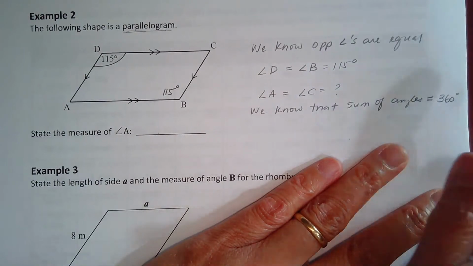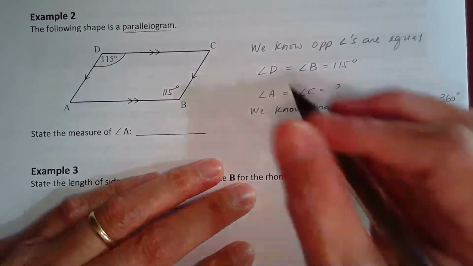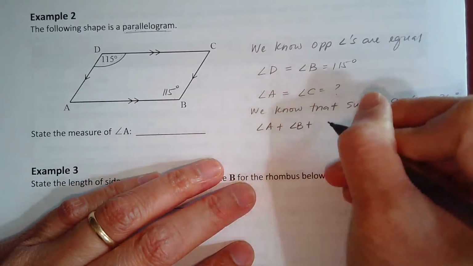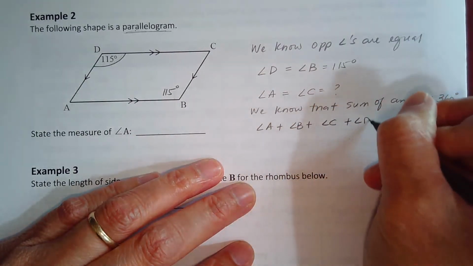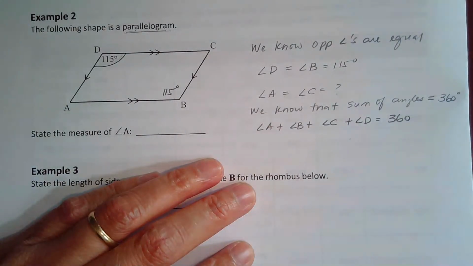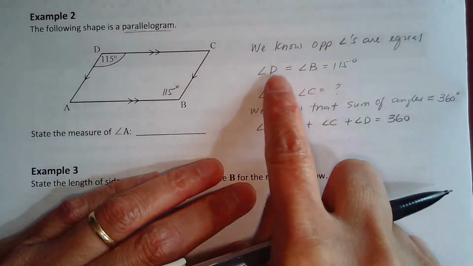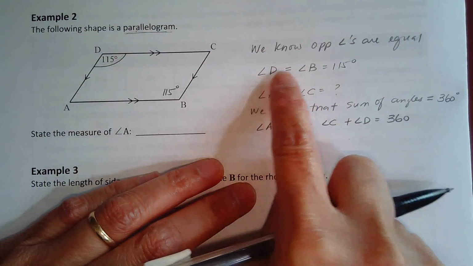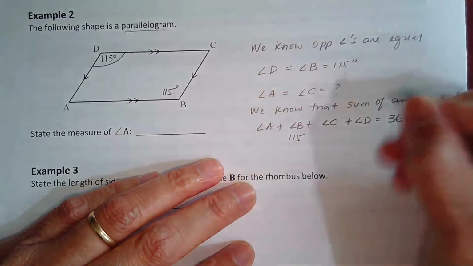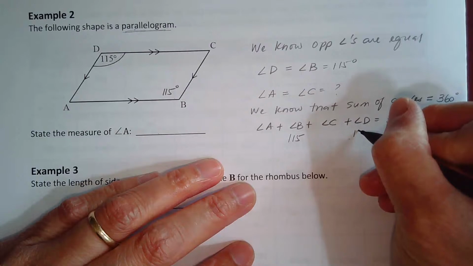Okay, so now let's see if we can figure it out. So we know that angle A plus angle B plus angle C plus angle D is equal to 360. Yes, okay. We know angle B and angle D are 115. So this is going to be 115 plus 115.